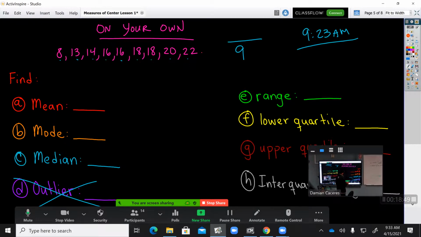22 plus 20 plus 18 plus 18 plus 16 plus 16. Add them all up and it gives you 145. Divided by 9, 16.1.